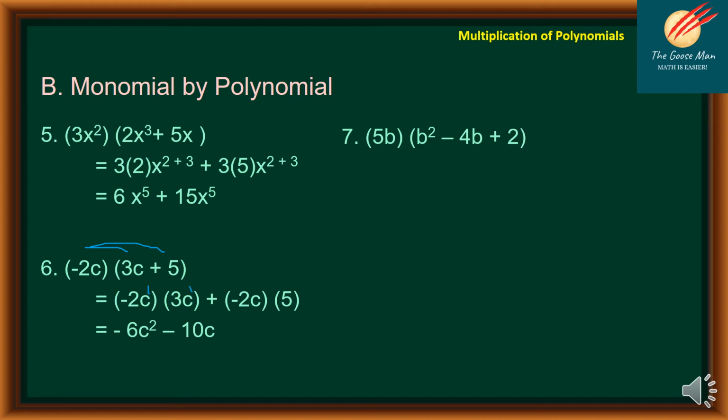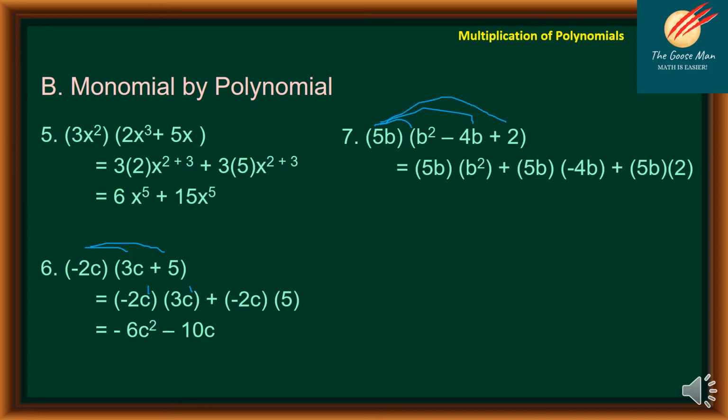Next, we have 5b times b squared minus 4b plus 2. So, we will distribute 5b times b squared. Then we have 5b times negative 4, as well as 5b times positive 2. Take note that the exponent here of b is 1.